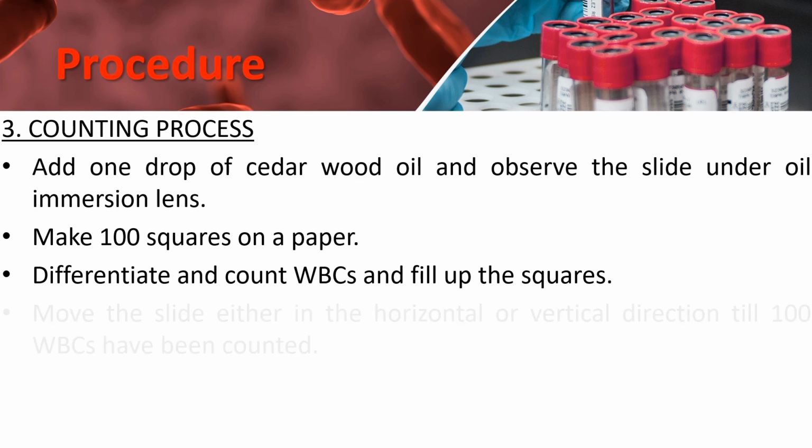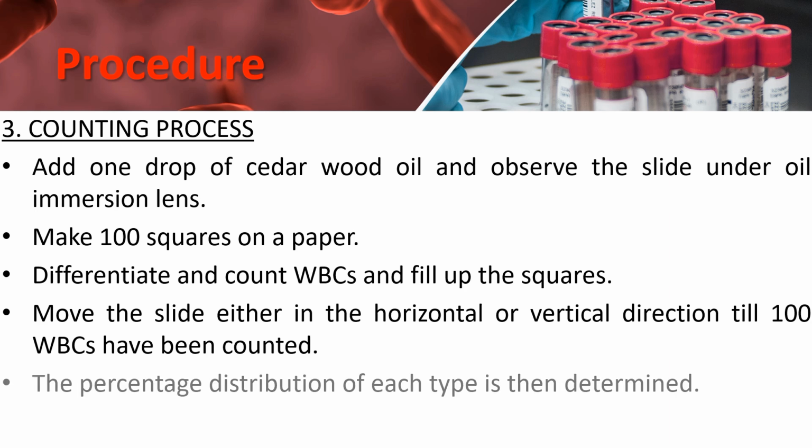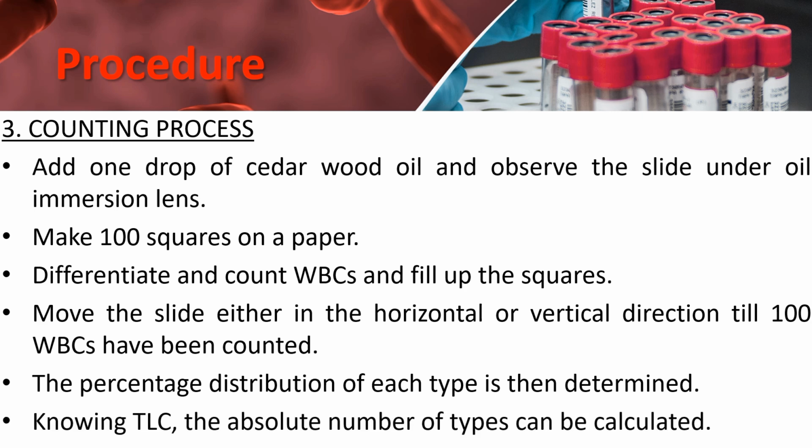Move the slide either in the horizontal or vertical direction till 100 white blood cells have been counted. The percentage distribution of each type of leukocytes is then determined. Knowing total leukocyte count, the absolute number of types can be calculated.